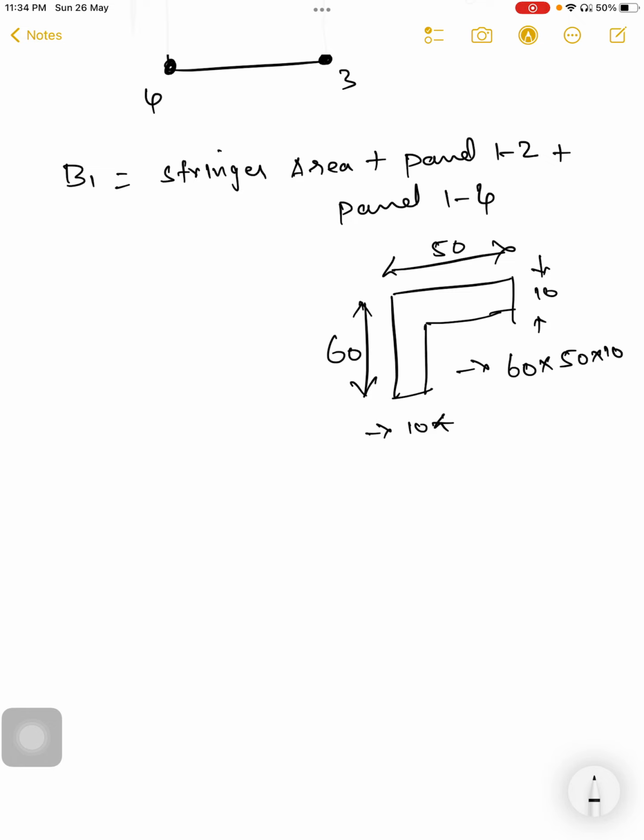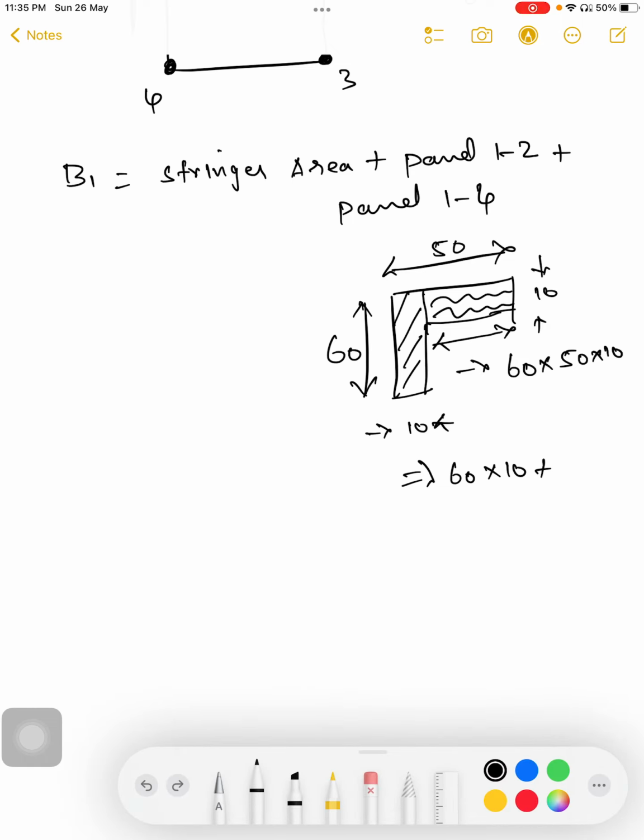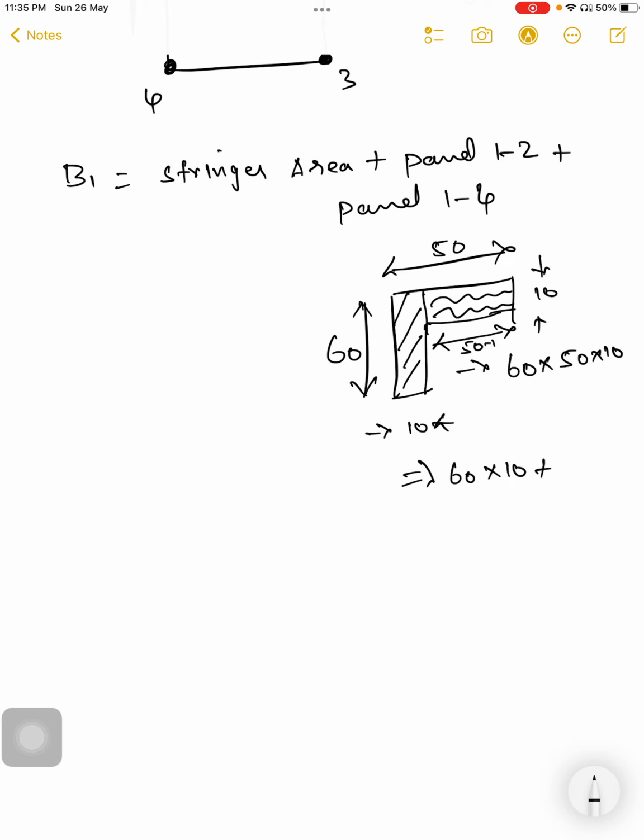Okay, first we have to consider area of the stringer. So I will divide into two rectangles. One is this one. The area is 60 into 10, plus, now I'm going to consider this region. The length here is 50 minus 10.